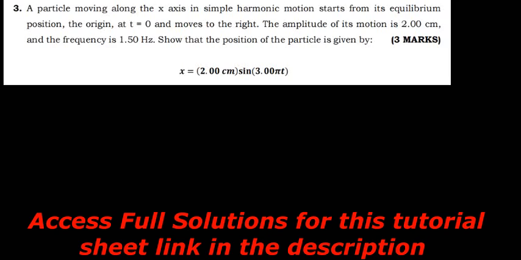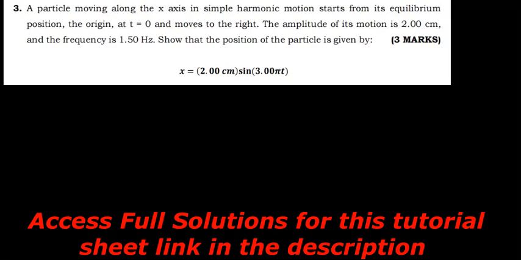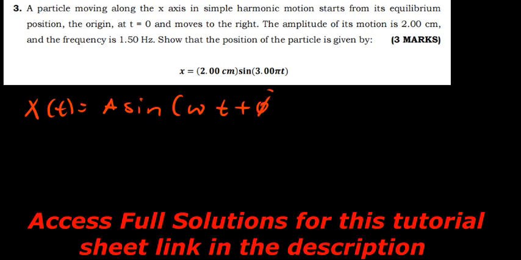Remember, guys, the position as a function of time is given by x equals the amplitude times sine of omega t plus phi. In this case phi is 0, so it is not going to be considered. We'll say as a function of time we'll follow this.